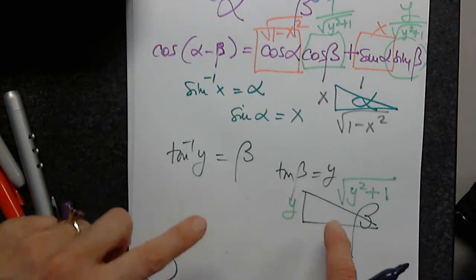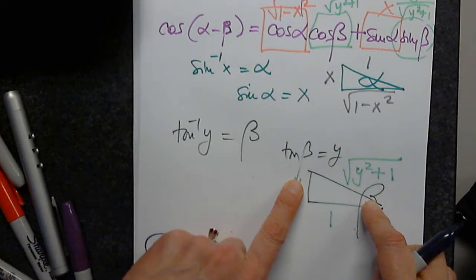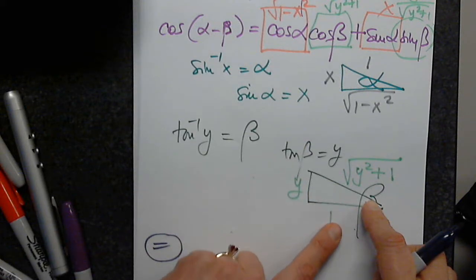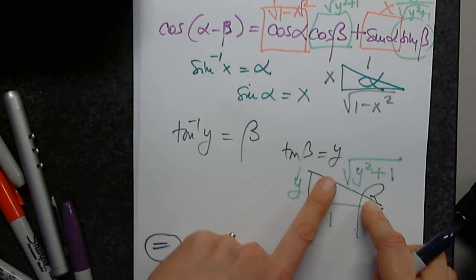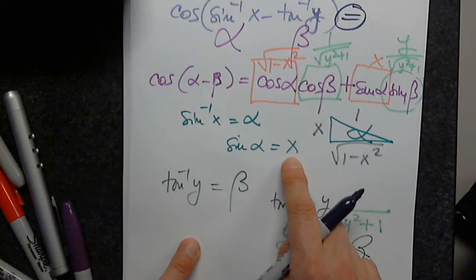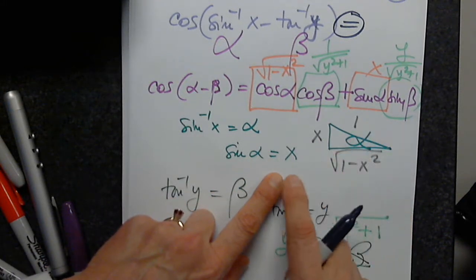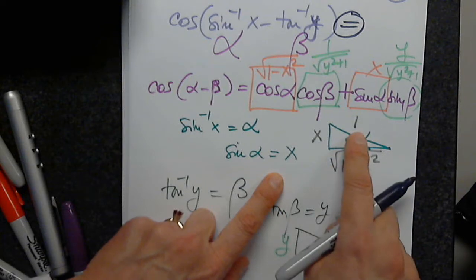This one? Yeah. Tangent by definition is the opposite over the adjacent. But any number can be written as the number over 1. Same thing here. I know that sine alpha is the opposite over the hypotenuse. And if there is no denominator, the hypotenuse must be 1.